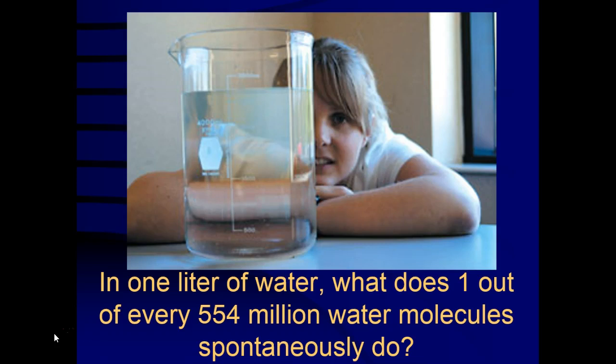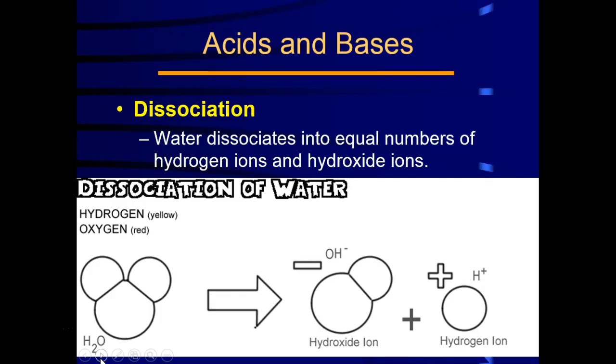Well, a tiny, tiny fraction of all those water molecules will spontaneously break apart. They will break apart into a hydrogen ion and what's known as a hydroxide ion. A hydroxide ion is simply oxygen and hydrogen with an extra electron.